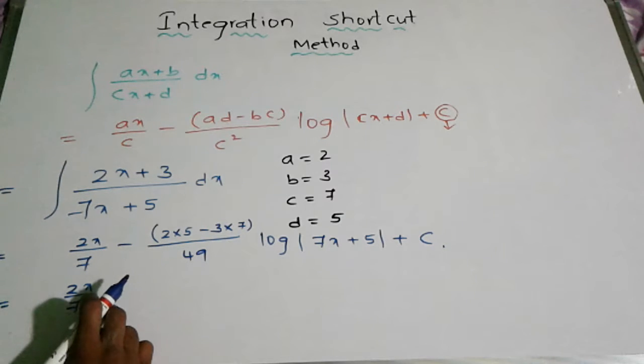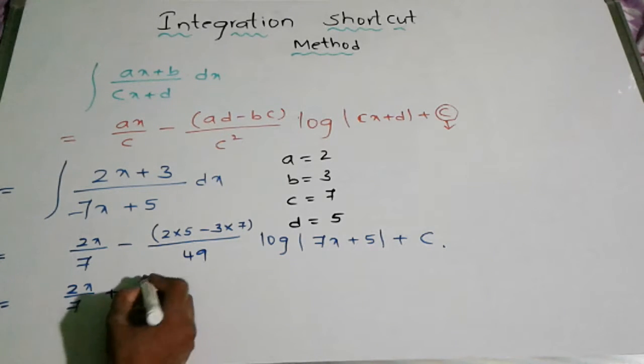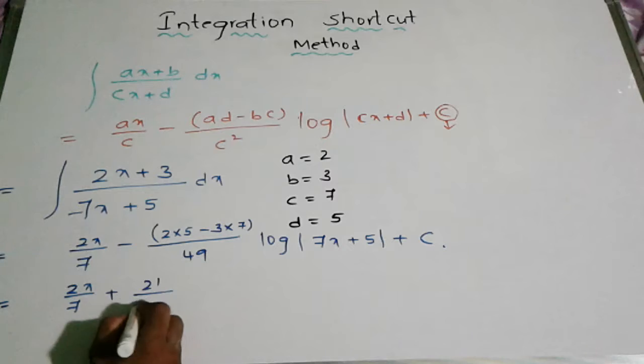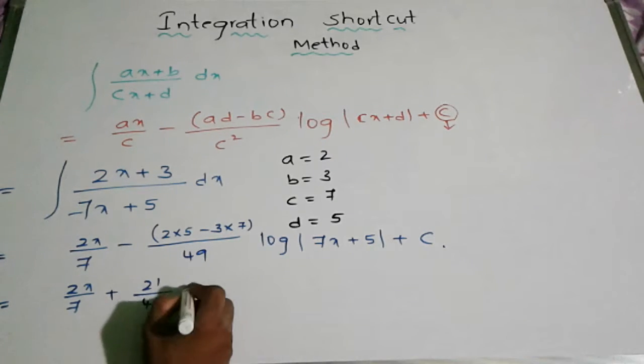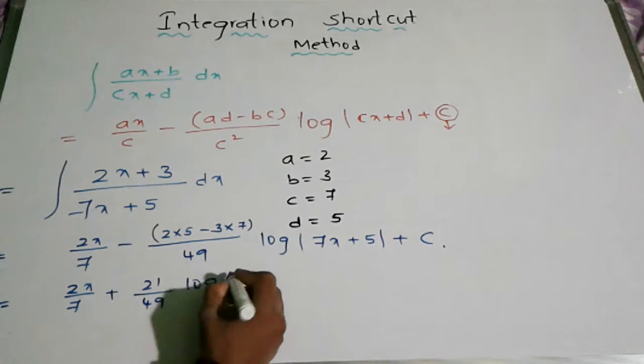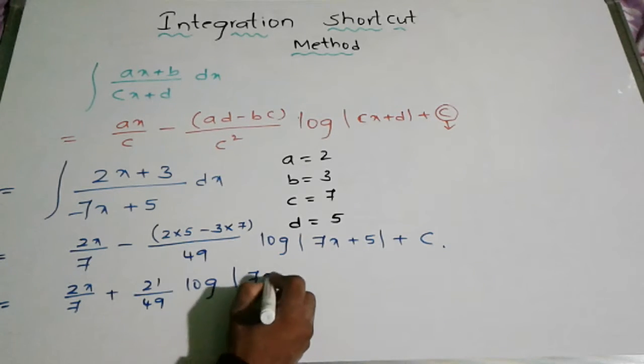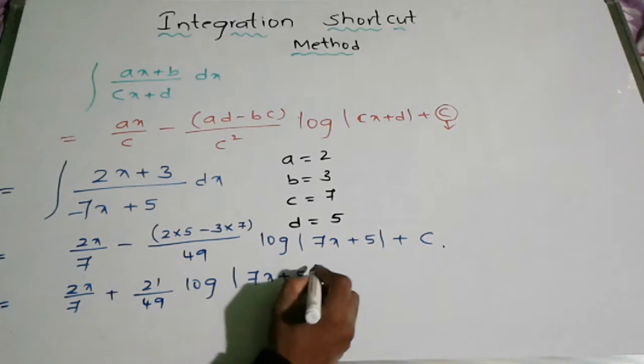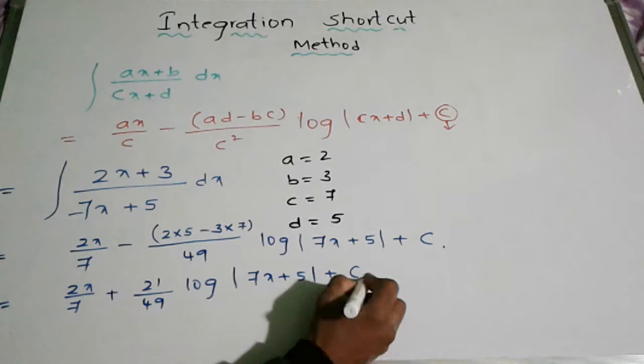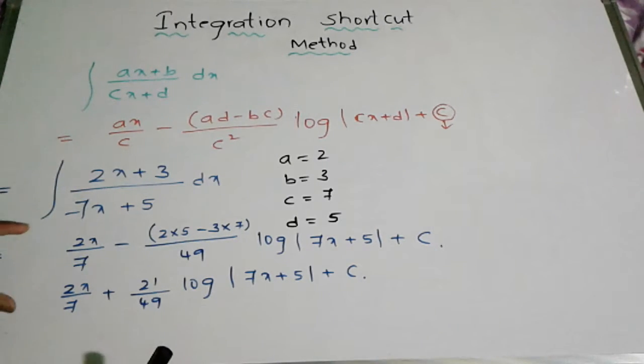Here minus into minus is plus, so plus 21 upon 49 log mod 7x + 5 plus C, right? And here is our final solution.